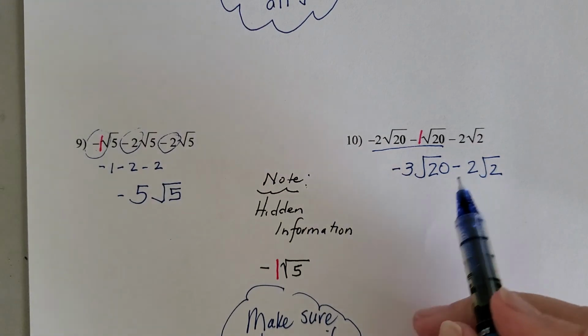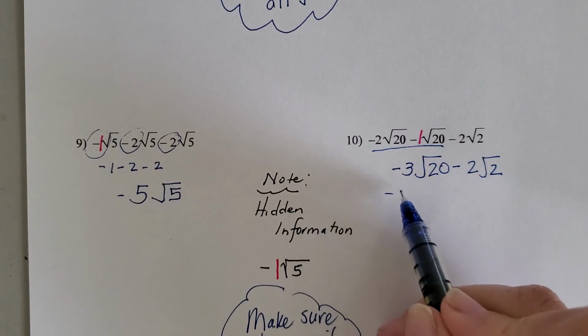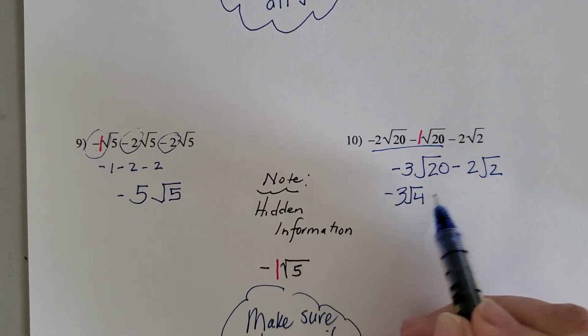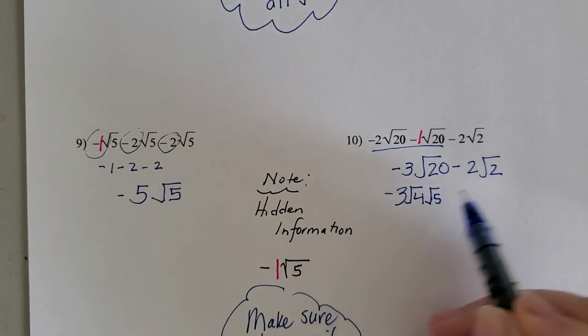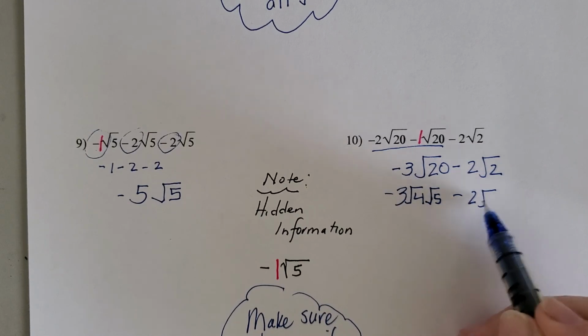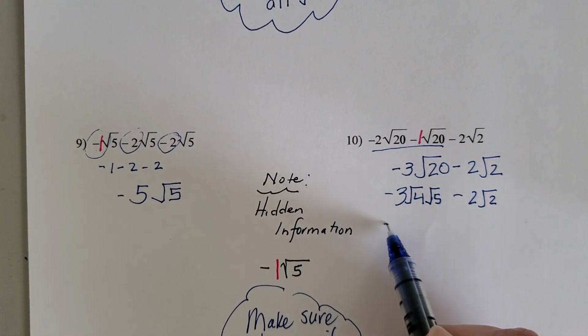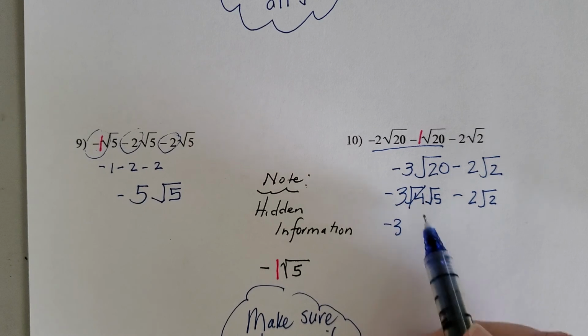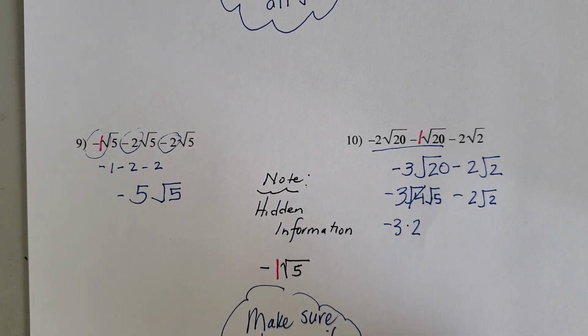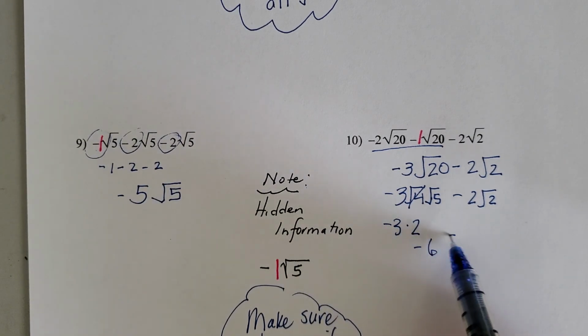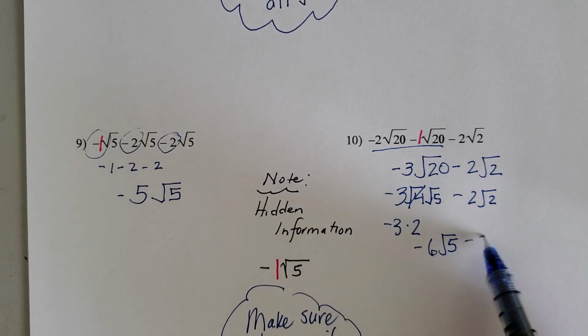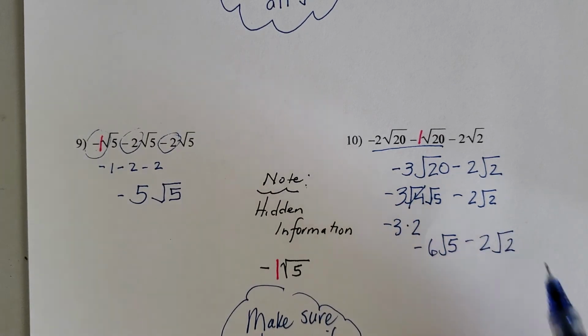And we can factor 20 using a perfect square of 4. Bring this down. Okay, got a -3. The square root of 4 is 2, so it comes out of the radical sign. So we have -6 radical 5 minus 2 radical 2.